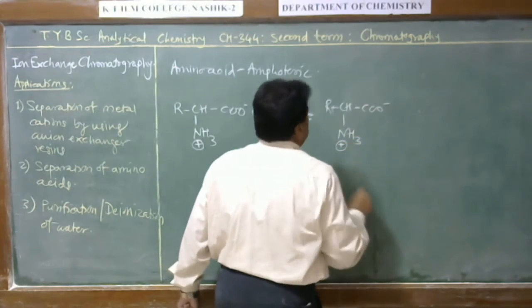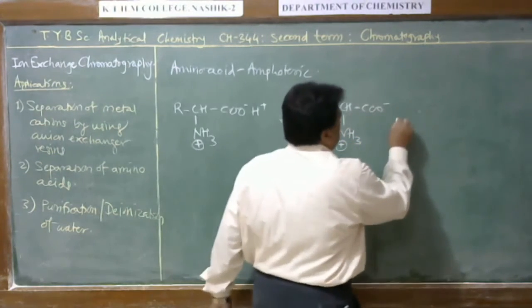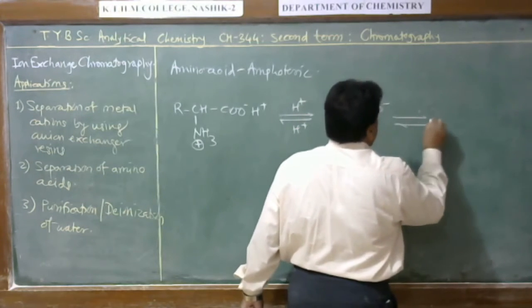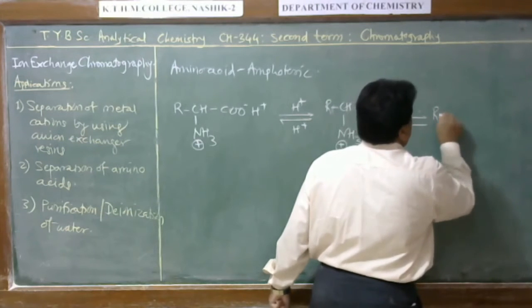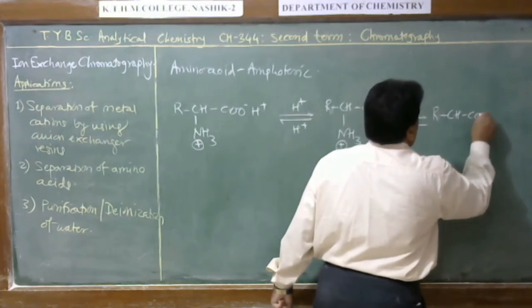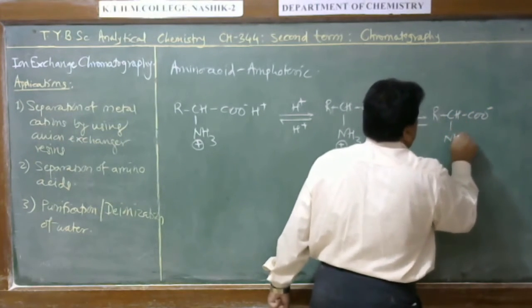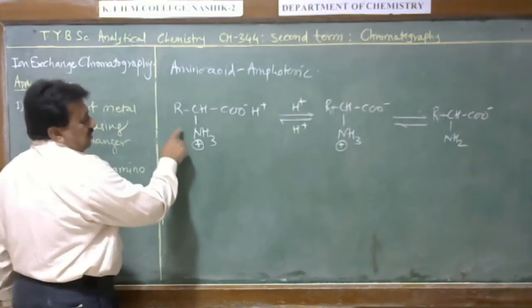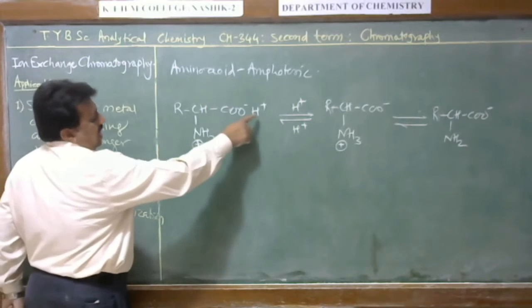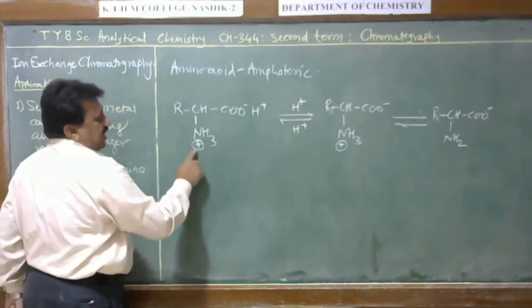Again, if we remove another H+ ion, then we have RCHCOO- and NH2.